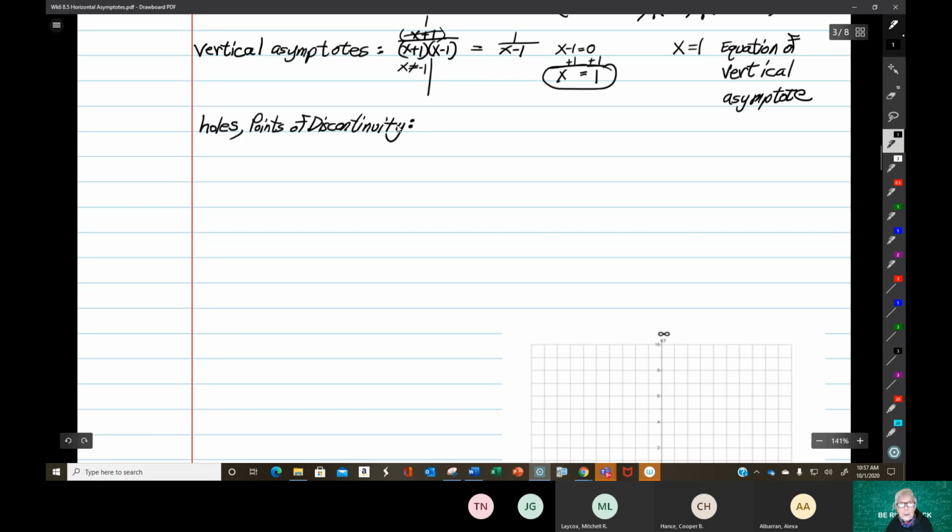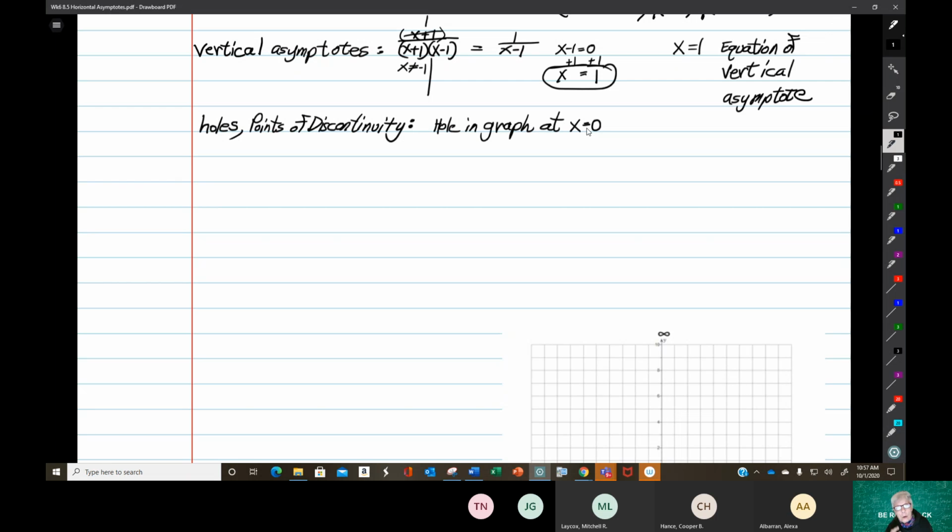When you lose a vertical asymptote because factors cancel, what happens is you're going to get a hole in the graph, which we haven't done yet. A hole in the graph at x equals 0.